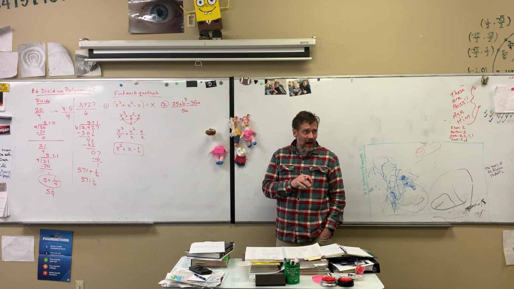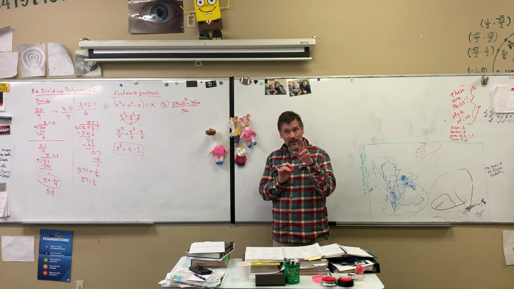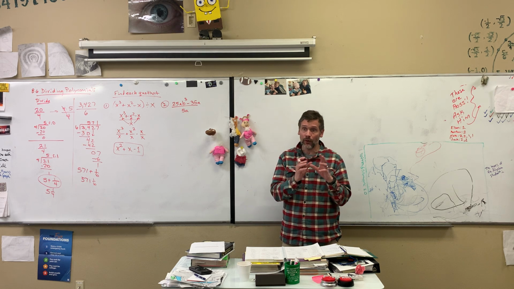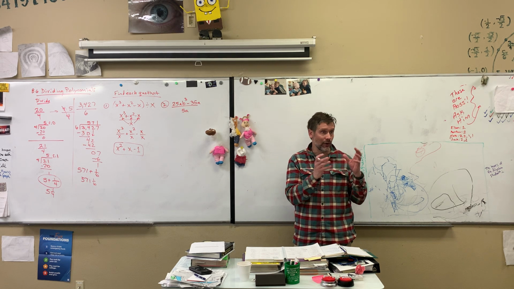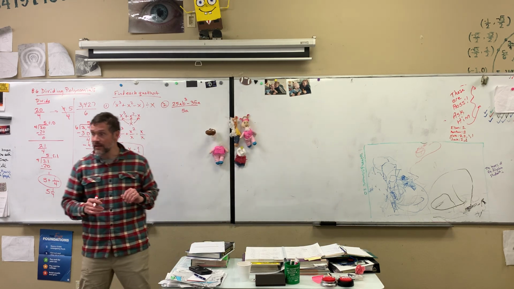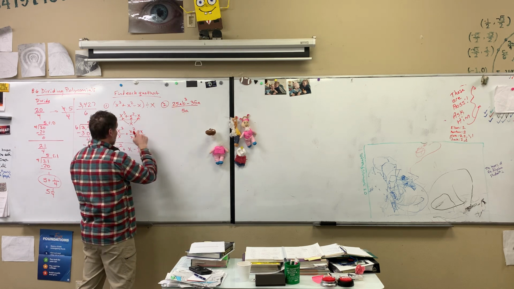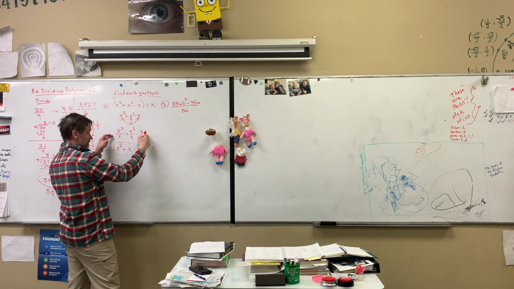What we know is that the divisor is going into a binomial. It cannot only go into one part of the binomial, it has to go into both. So if it's helpful, please rewrite the problem. Don't be afraid to rewrite it just like we did here.